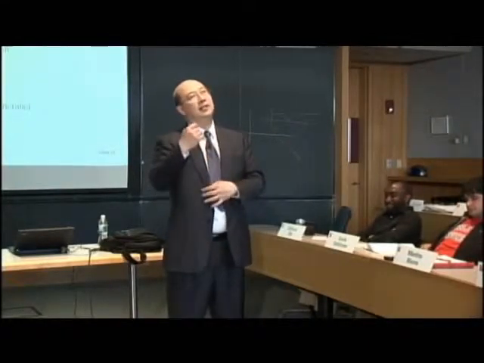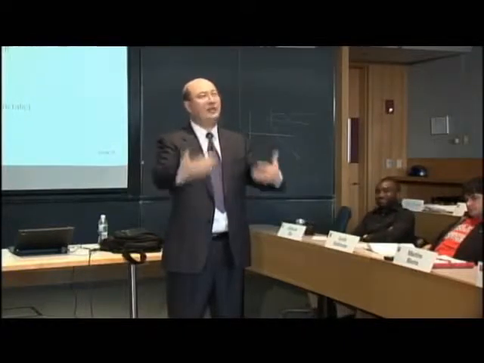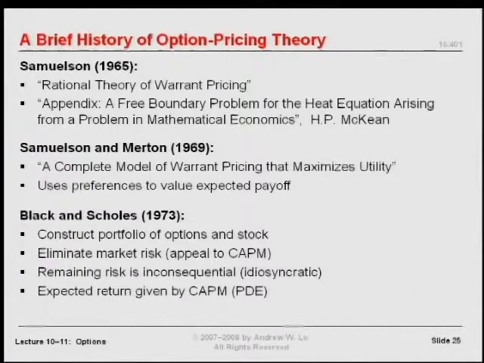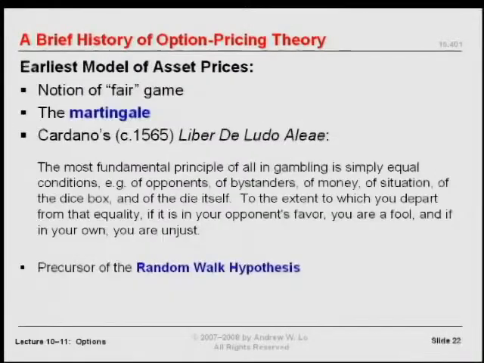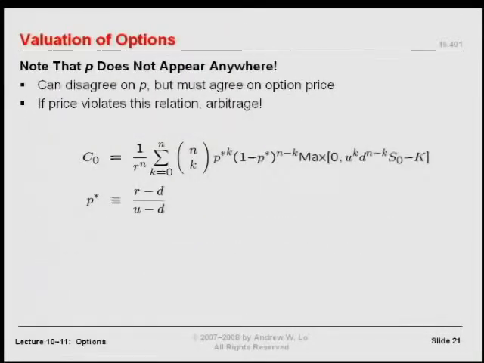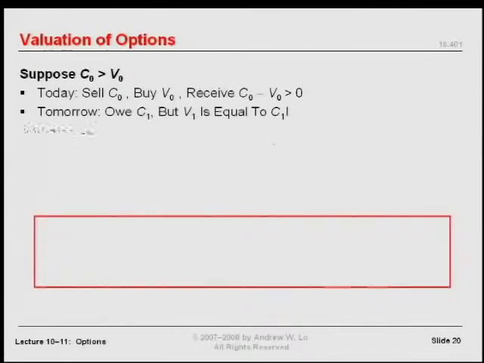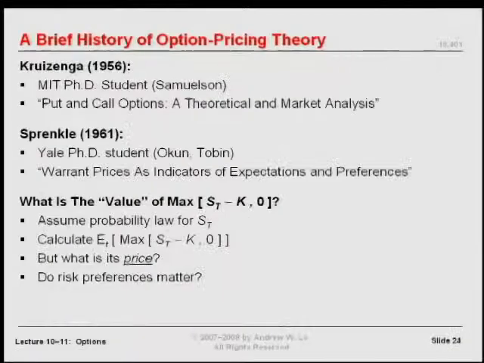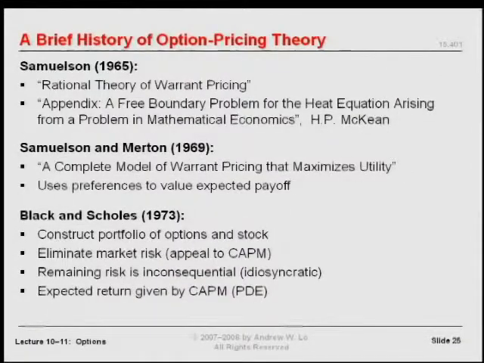And it was only when they were able to change the title of the paper from option pricing to the pricing of options and corporate liabilities, so it was exactly this, well, I'll show you next time. They changed it to start focusing more on corporate finance. They ultimately got their paper published.